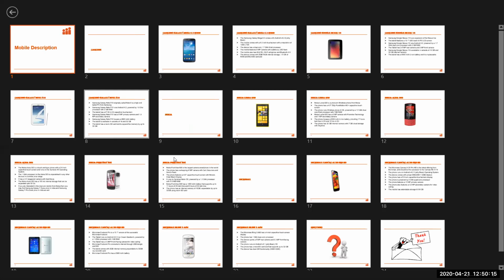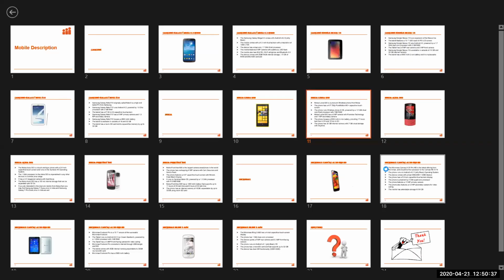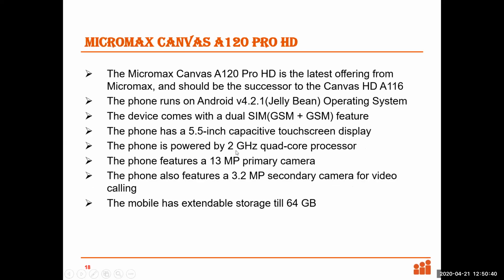You can just choose to see all slides at once and directly jump to whichever slide you want to explain. You can get these options by even right clicking. Just right click on the window anywhere. You get to see all the options that were there. So see all slides will take you here. You choose any particular slide, you can jump to it immediately.